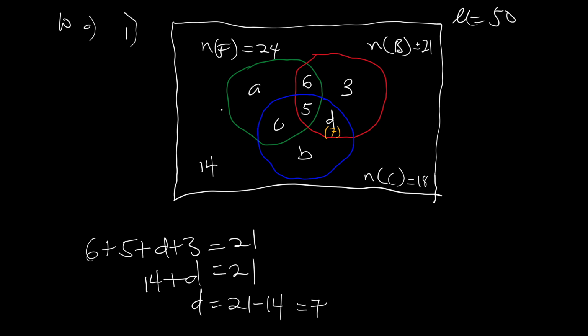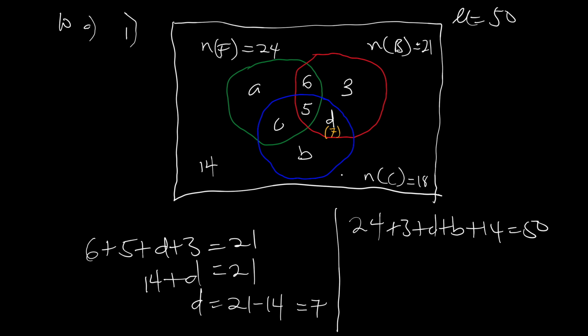Now we also know that the whole of the green circle plus 3 plus D plus B plus our 14 should be equal to the total number of students in the class. So we have 24, the total number of students who like football, plus 3 plus D plus B plus 14 should be equal to 50.